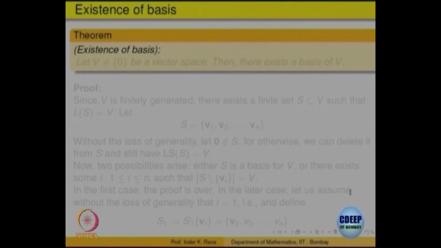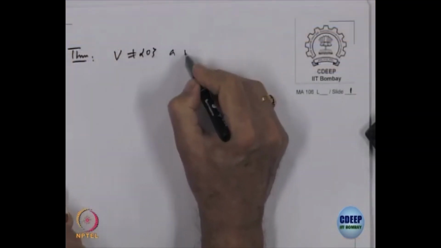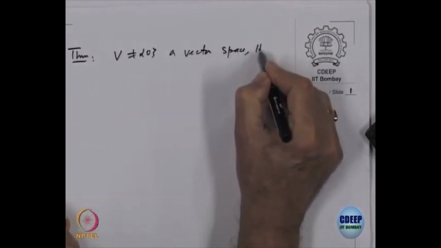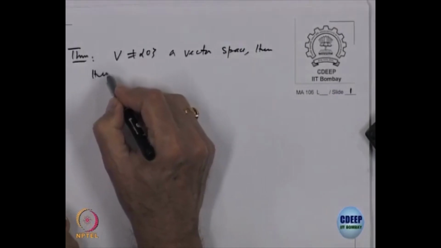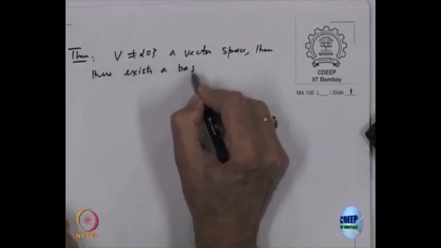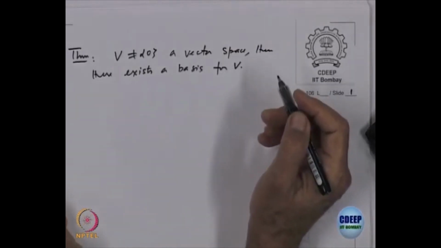So, we want to show that every vector space has a basis. So, the idea is the following. Let us look at a proof of this. So, the theorem is, if V is a non-zero vector space, then there exists a basis for V. Right.